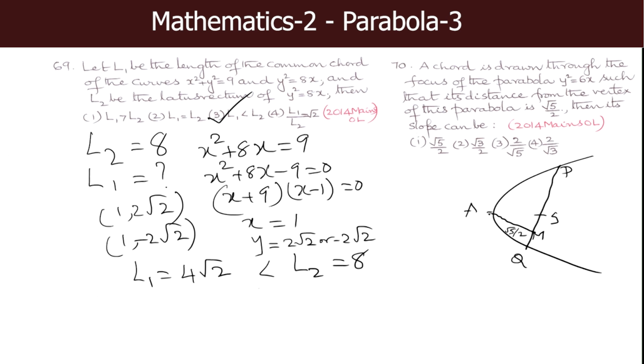And this is 3 by 2, because the distance of the vertex from the focus is a, that is 6 by 4, 3 by 2. And he is asking the slope of this chord. That means, if this is theta, he is asking tan theta.